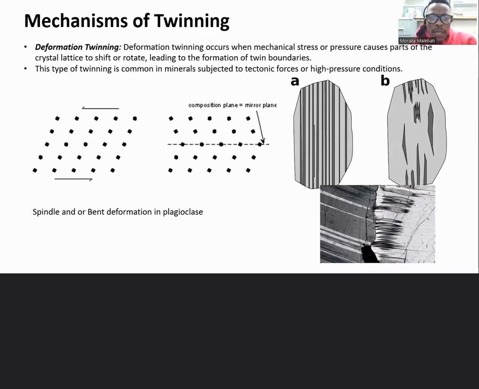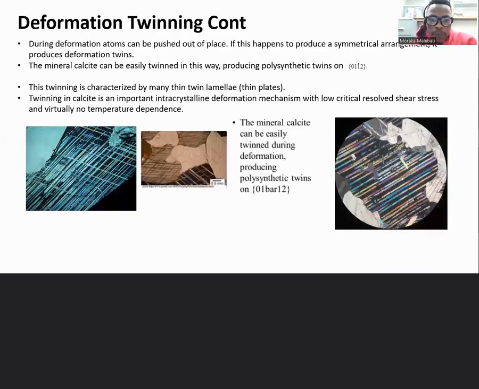But this deformation twinning is best seen in the mineral calcite, with parallel lamellae like this one. So calcite shows this twinning. It's also called polysynthetic twinning, but not the same as that of the plagioclase. So you can now see it's the diagnostic feature of the calcite.